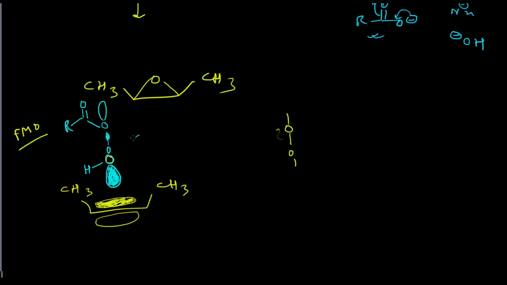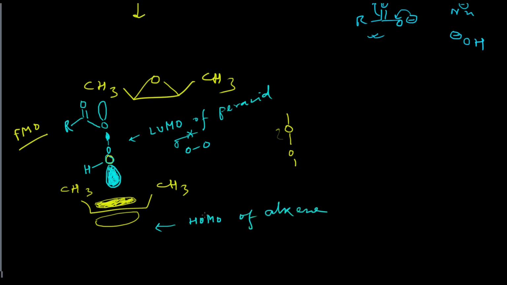So this is the LUMO of the peroxide or the peracid, which is basically the sigma star orbital of this oxygen-oxygen bond, and this is the HOMO of the alkene, basically the pi bonding orbital of the double bond.